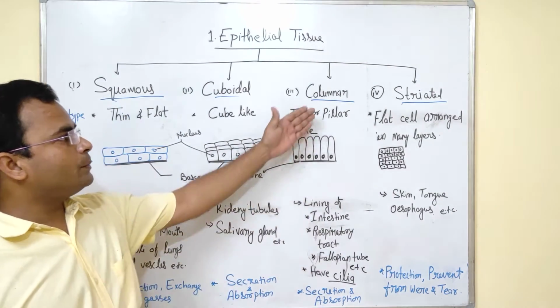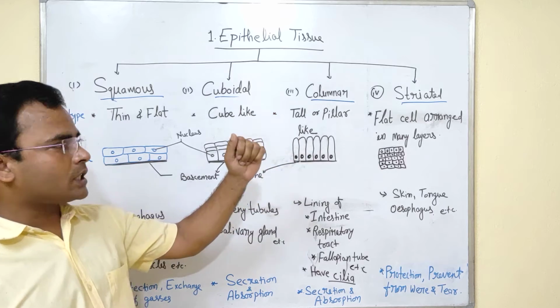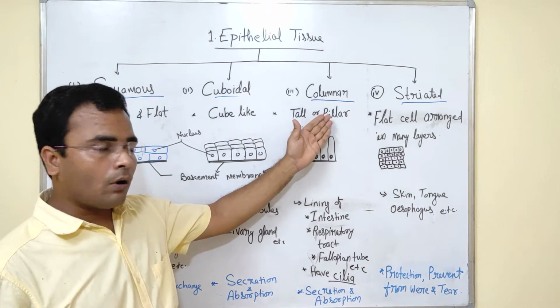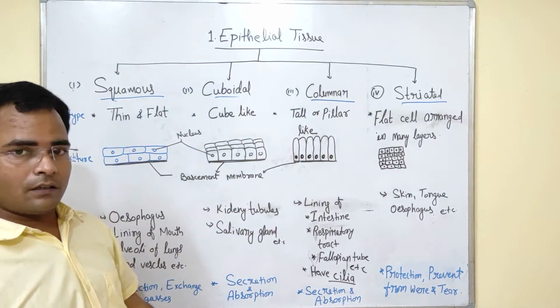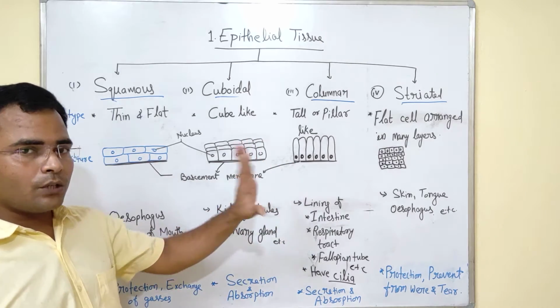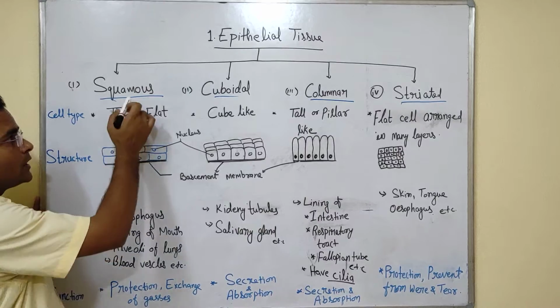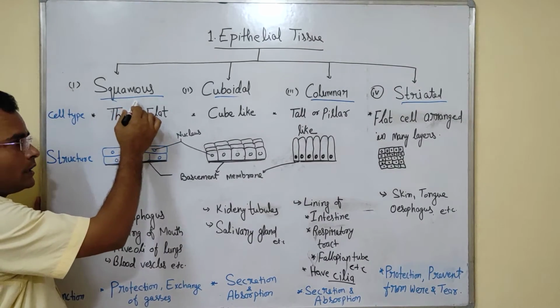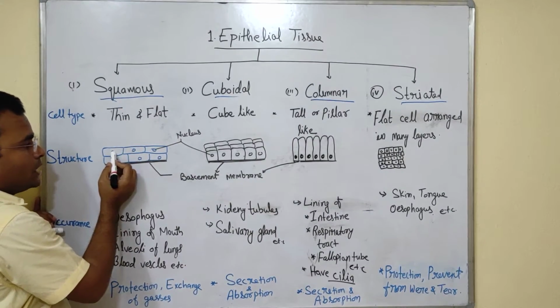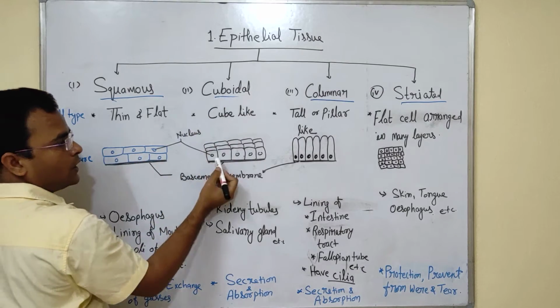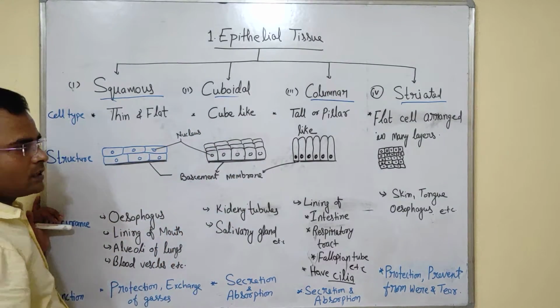The third type is columnar epithelial tissue, which is made up of tall and pillar-like cells. Here one thing you can notice: in the squamous epithelial tissue the nucleus is at the center, and in the cuboidal also the nucleus is at the center.